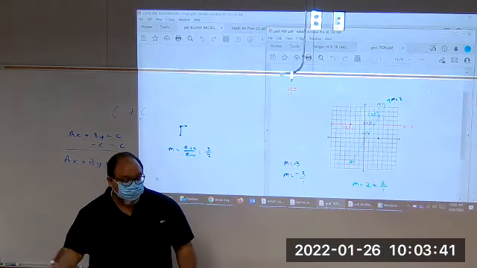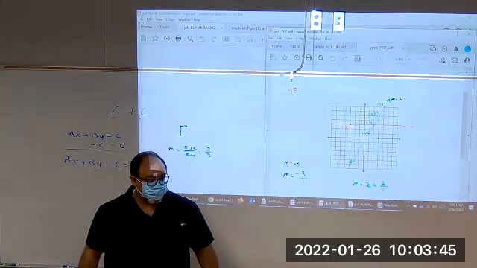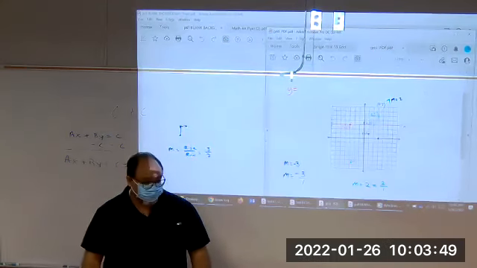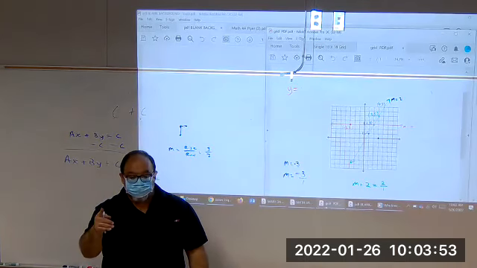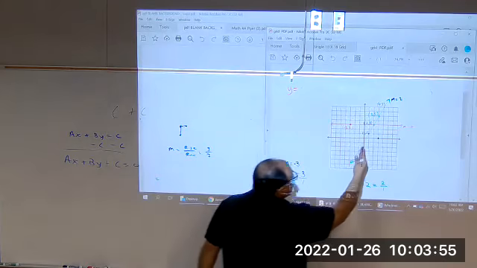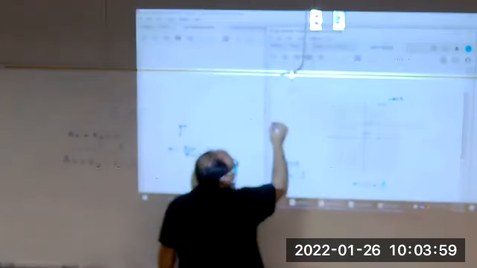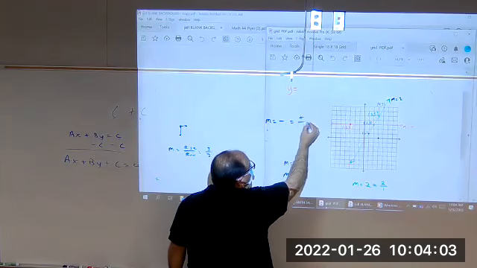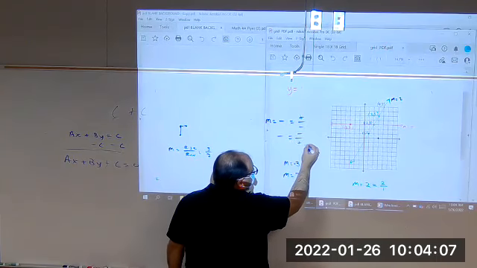Anytime I have a negative slope, I always put the negative in the numerator. A negative slope means you either go up but have to go left, because you have to have a negative direction. If the slope equals a negative, that means you either have a positive over a negative, or a negative over a positive.